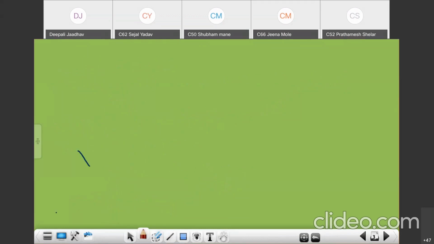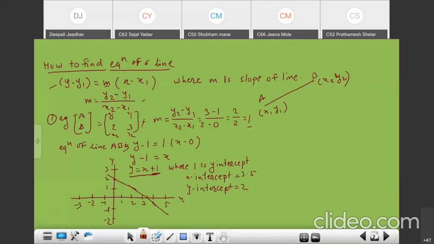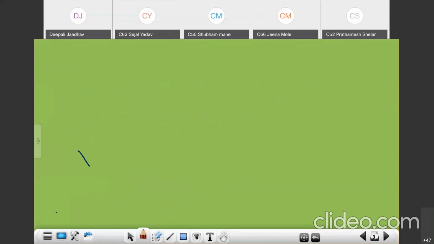No, this is not the only way. There are many ways in which we can find the equation of a line. Now see some of the forms for the equation of a line, the methods through which we can identify it.